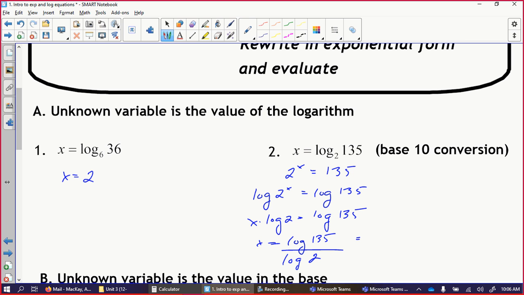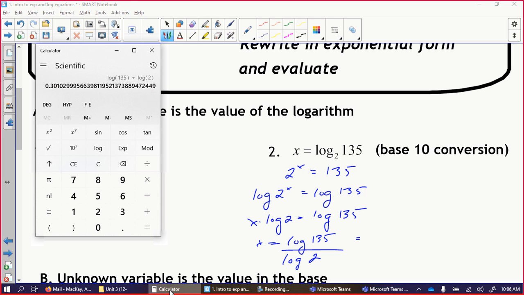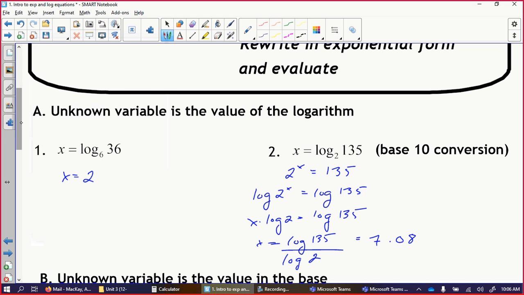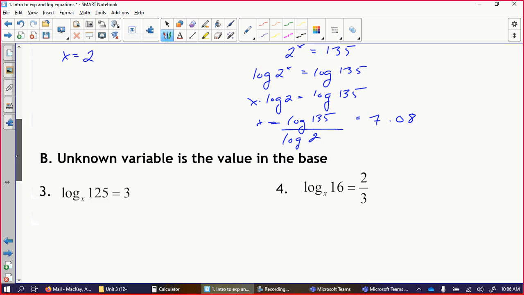And then we can throw that into our handy dandy calculator. 7.08. That's the kind of stuff we've done before.